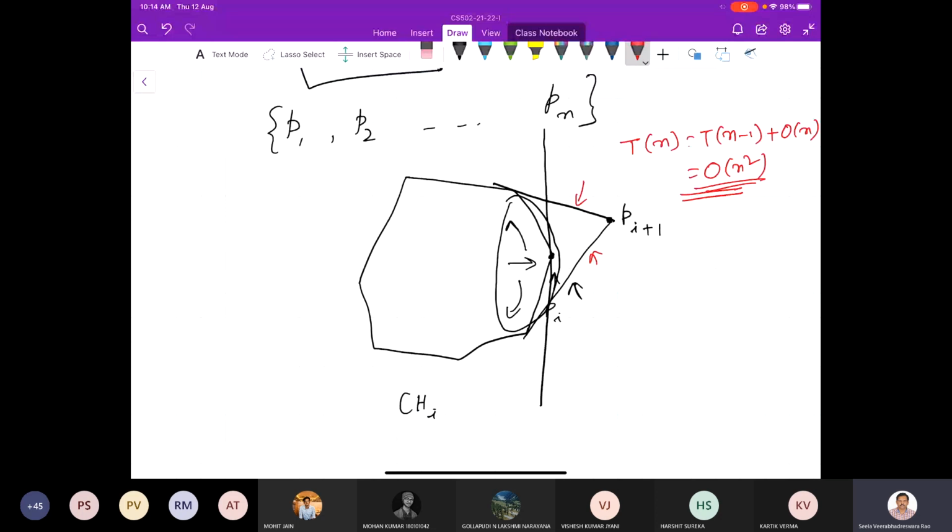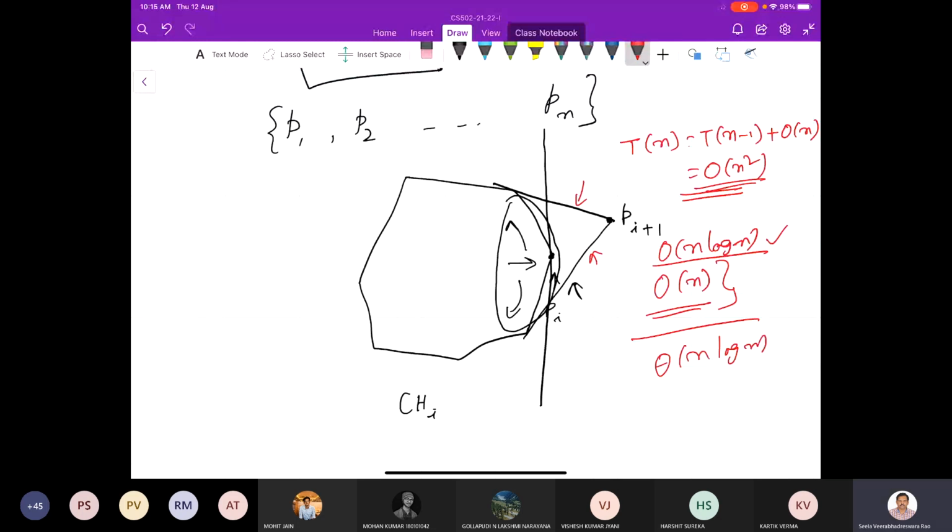Can anybody see some improvement in this time complexity? The algorithm is the same, but if you do a careful analysis, you will get a linear time algorithm plus the initial sorting, n plus n log n. So after sorting, the time complexity becomes order n, and with sorting, everything together is order n log n. I can use theta notation.